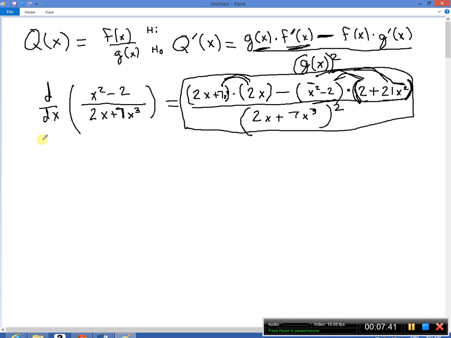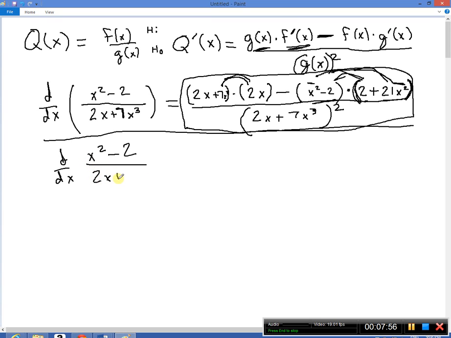Let's go back and do the other problem, because I realized now that they intended for you to do the simplification. And so if the problem was this one, x squared minus 2 over 2x plus 1, this wouldn't be a bad test question, and then you'd need to simplify it. When you use the quotient rule, 9 times out of 10, there is a simplification that you can do.